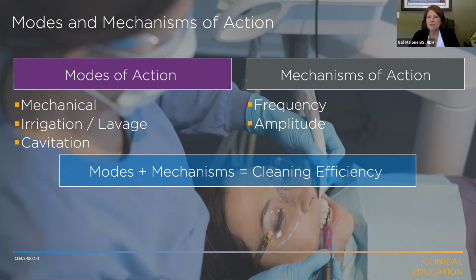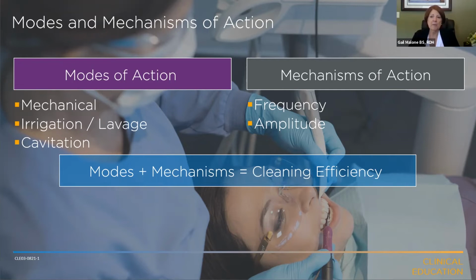Our modes of action for power instrumentation include mechanical removal, irrigation or lavage, as well as cavitation of the water stream. And our mechanisms of action are frequency and amplitude. And those mechanisms and modes combined are what contribute to the cleaning efficiency of the device that we are using.